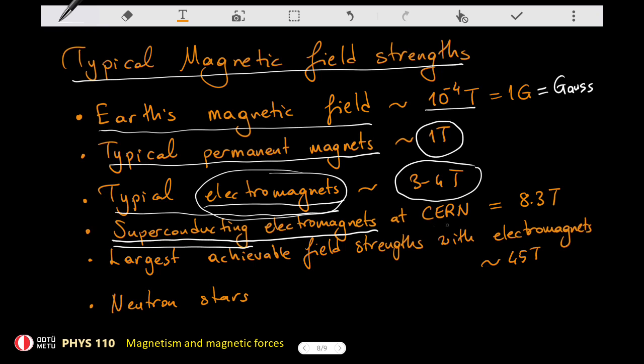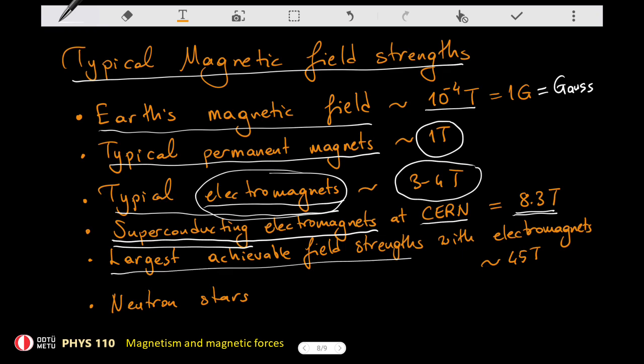But if the price is somehow adequate, then people are using these superconductors. In CERN, for example, they are using superconducting electromagnets which produce a magnetic field of 8.3 Tesla. We will also talk about accelerators, and why we need magnetic fields in accelerators. When time comes, we will talk about these.